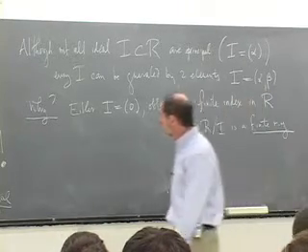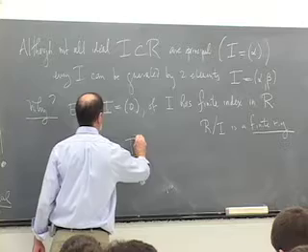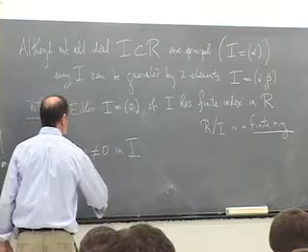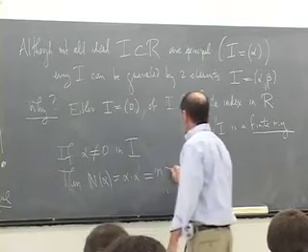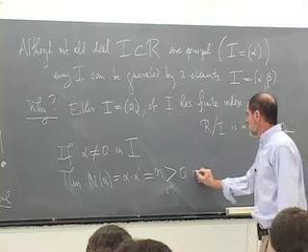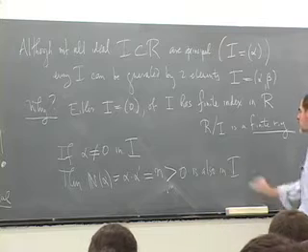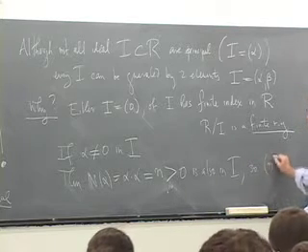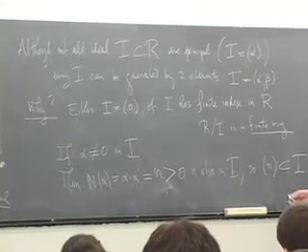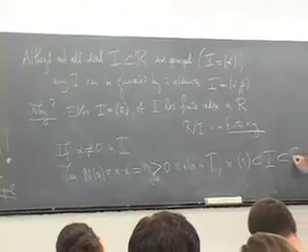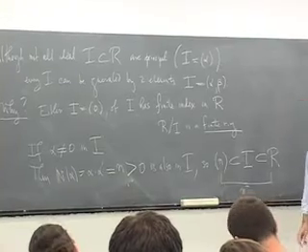Proof: if alpha is not equal to 0 in I, then the norm of alpha, which is alpha times alpha prime, some number n bigger than 0, is also in I. So it's the same argument we made for the Gaussian integers. The principal ideal, all multiples of n, is contained in I. Once I have an integer, I have all multiples of that integer, and that's contained in my ring R.